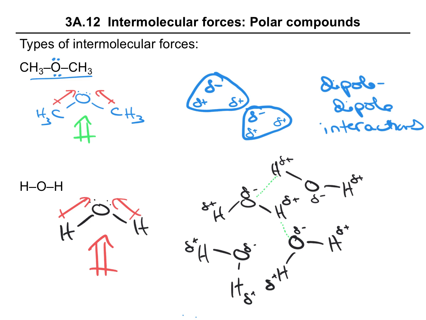And these types of interactions are often drawn as dotted lines. With water, this is a special case of dipole-dipole interactions, where we have an especially strong dipole and a very effective network of interactions. And this type of intermolecular force is called hydrogen bonding.